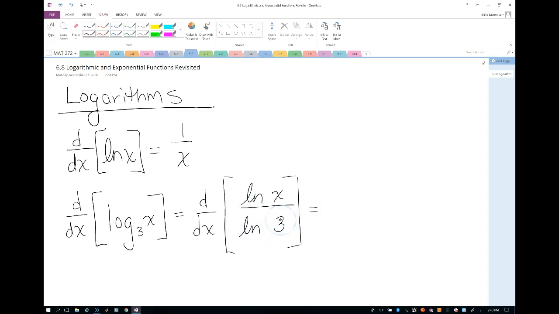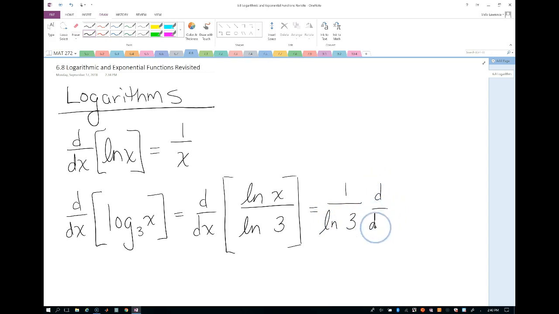So natural log of 3 is just a number. It's just a value. It doesn't have any variables in it. You can type natural log of 3 in your calculator. It'll give you back some decimal. So really, we can think of the natural log of 3 as a coefficient. And since it's in the denominator, we would bring it out to the front as a fraction where it stays in the denominator.